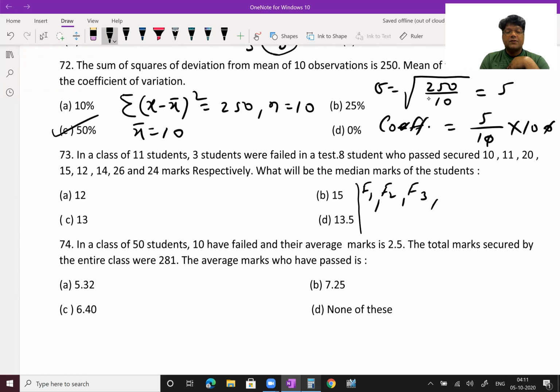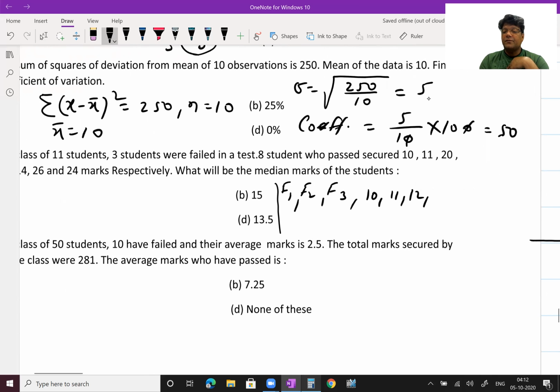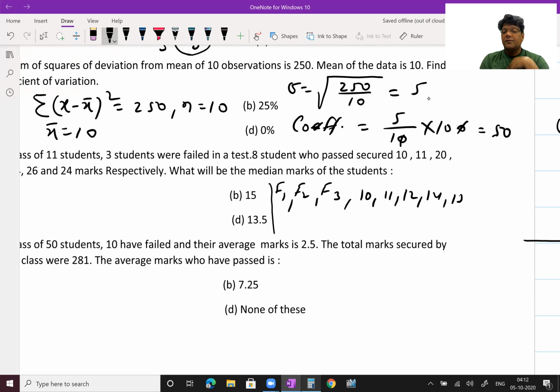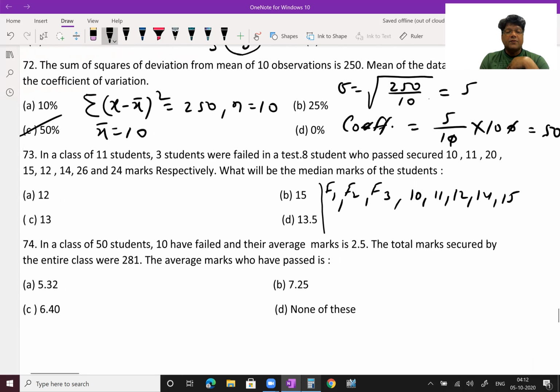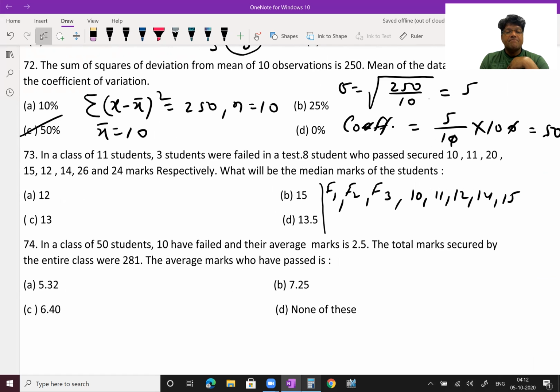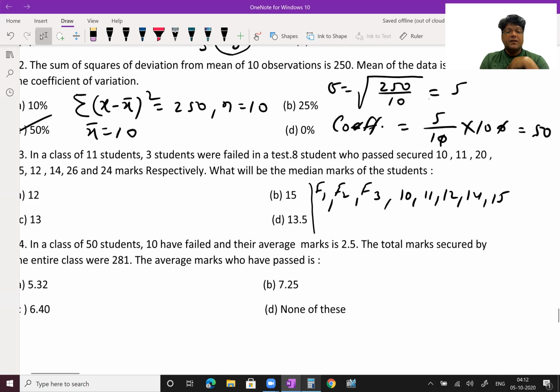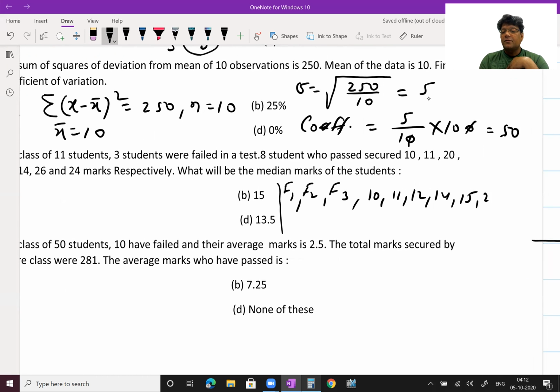So first 10, then 11, then 12, then whose turn? 14, 15, then 20, 24, and 26. 1, 2, 3, 4, 5, 6, 7, 8, 9, 10, 11.